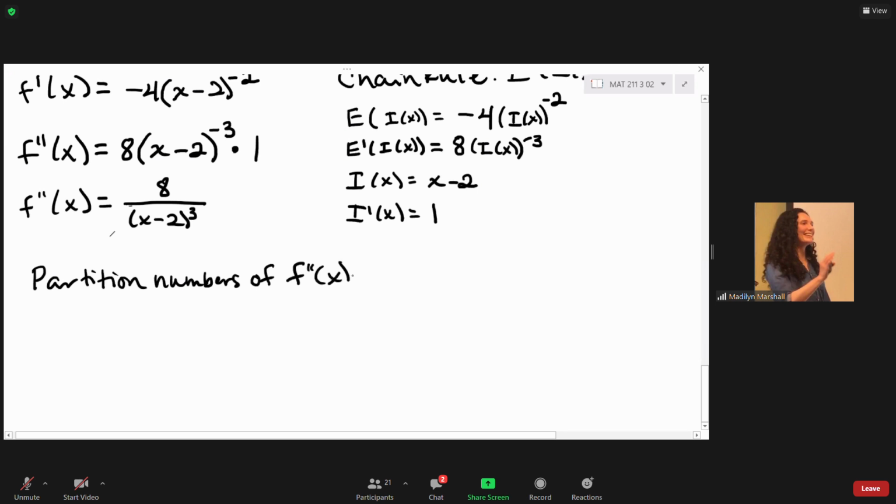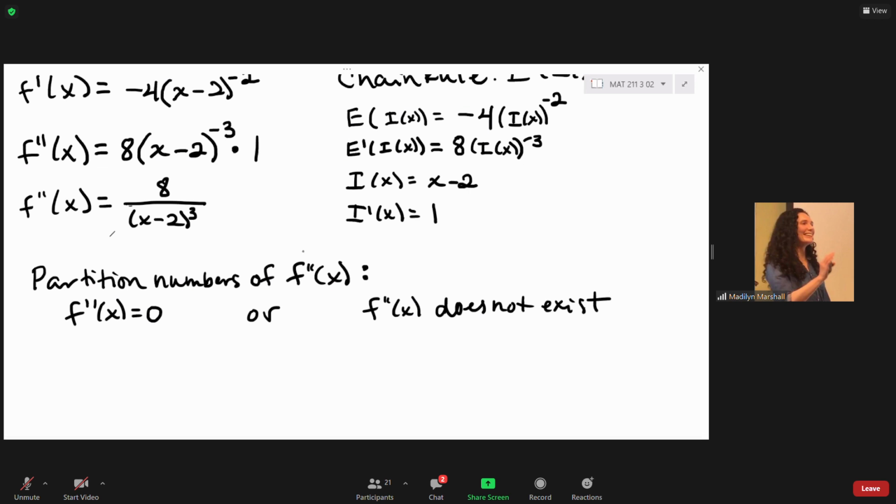Partition numbers of f double prime are where either f double prime equals 0 or f double prime does not exist. We saw an example similar to this one last Thursday that was just f prime, but we have a sort of similar situation here.